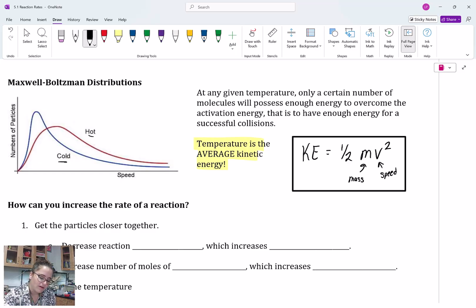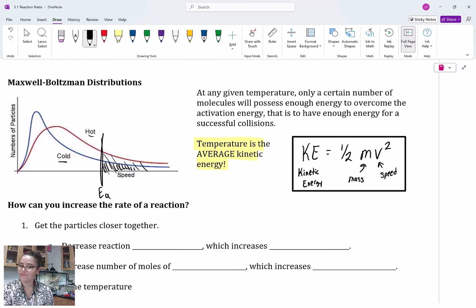So if the activation energy is, say, there, then more of the molecules in the hot sample will have enough energy to overcome it and start those successful collisions, where less of the cold sample would have enough energy. And temperature is a measure of the average kinetic energy.